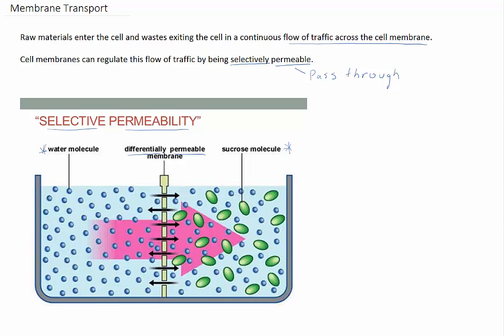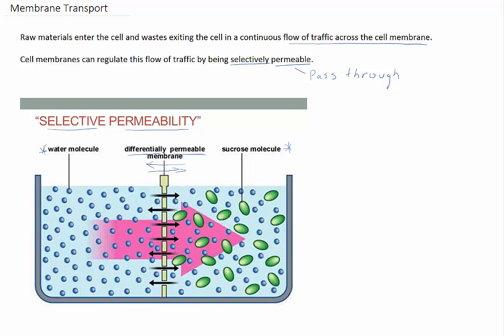What this diagram is trying to illustrate is that you can see a flow of water molecules from the left side to the right side of the container through the membrane, and water molecules are also moving from the right side to the left side through the membrane. So this membrane is permeable to the water molecules.